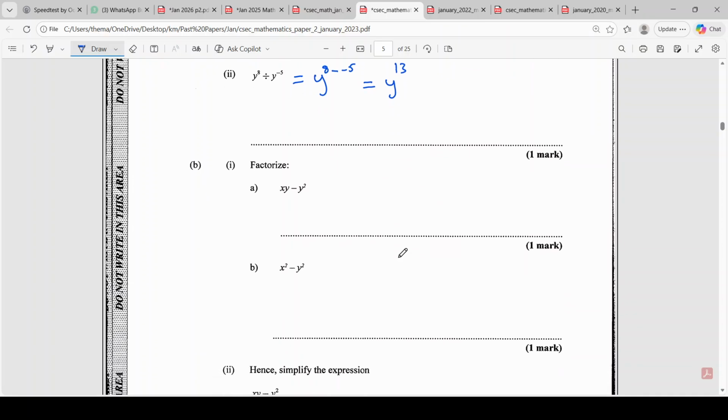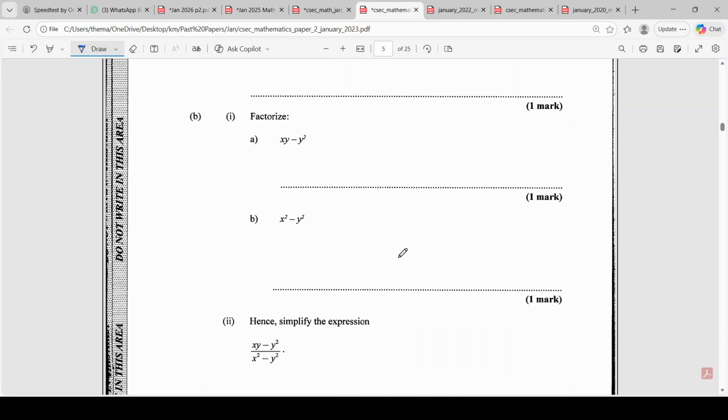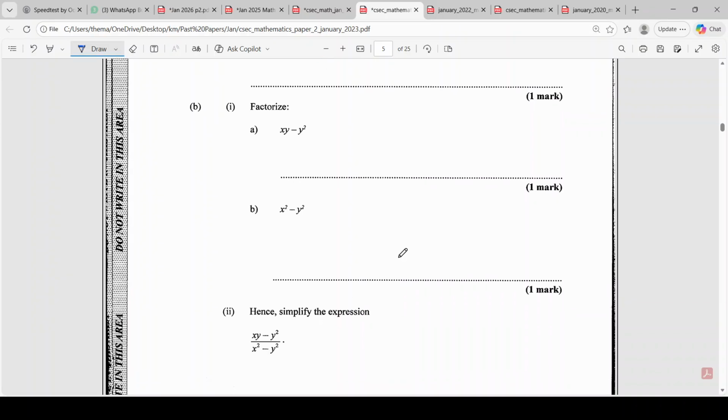Right, part B. This question is similar to what we have been doing lately. If you notice, in January there were similar questions. Factorize xy minus y squared. What type of factorizing is that? This first one, HCF?